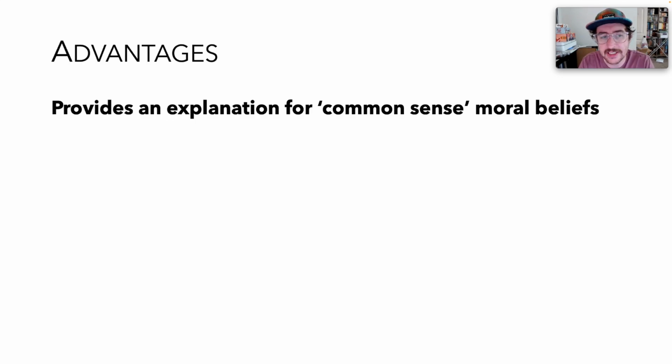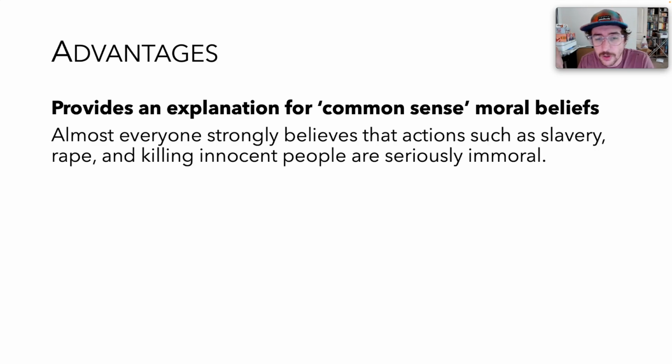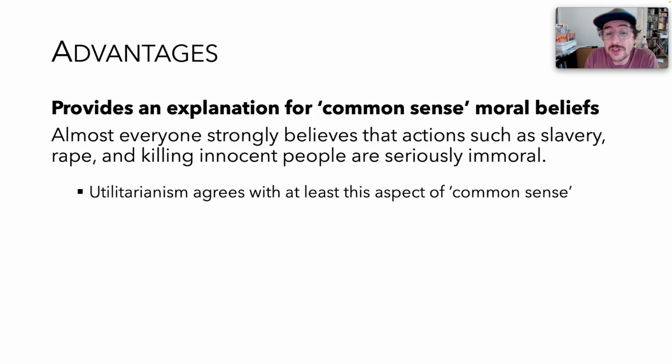Another advantage here is that utilitarianism can provide an explanation for a lot of our common sense moral beliefs. Almost everyone now strongly believes that actions such as slavery, rape, and killing innocent people are seriously immoral. Now, utilitarianism agrees with at least these aspects of common sense.